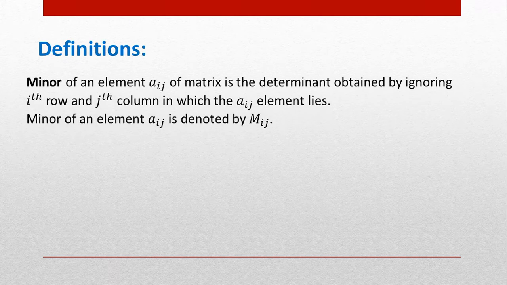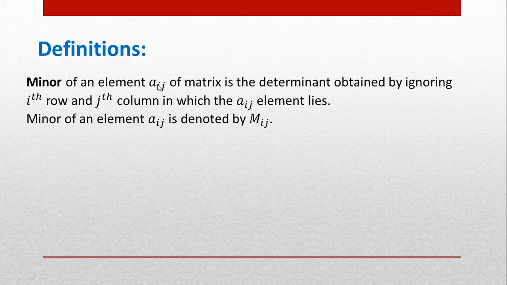First of all, we will study the definitions of minors and cofactors. So see here, what do you mean by minors? The minor of an element Aij of a matrix is the determinant obtained by ignoring the ith row and jth column in which the Aij element lies. Minor is a concept related to every element of the matrix. Suppose the element is Aij, where the suffix denotes row number and column number.